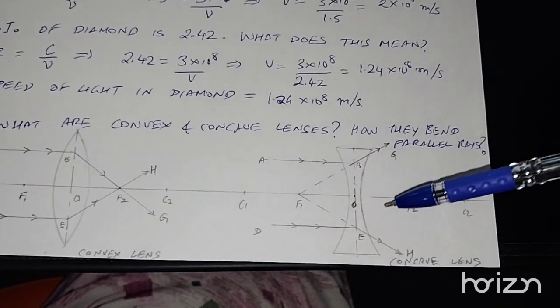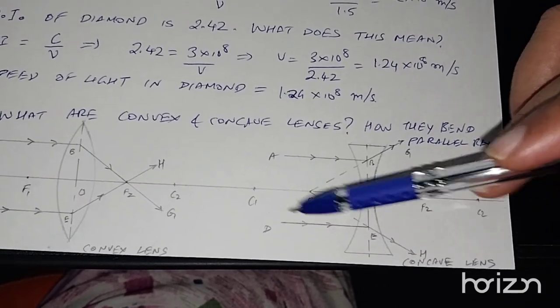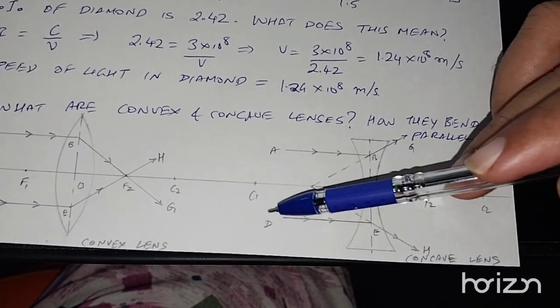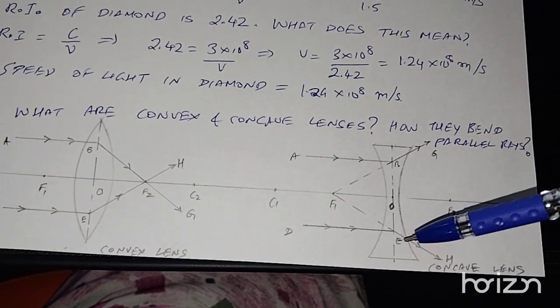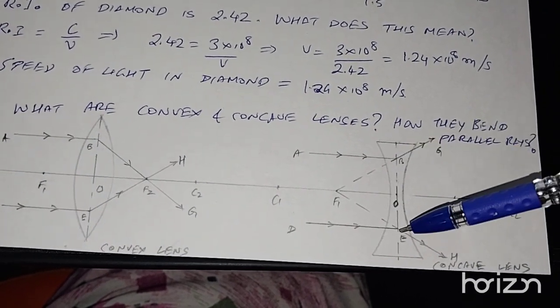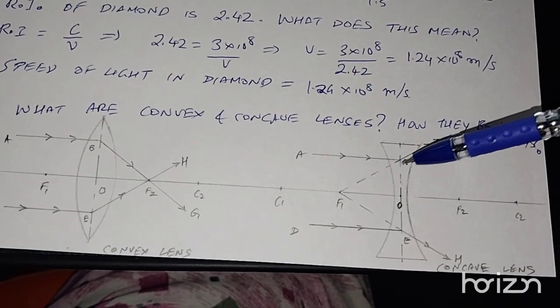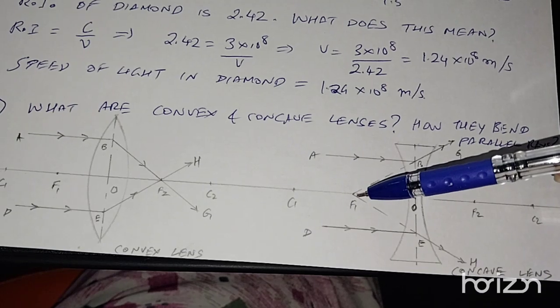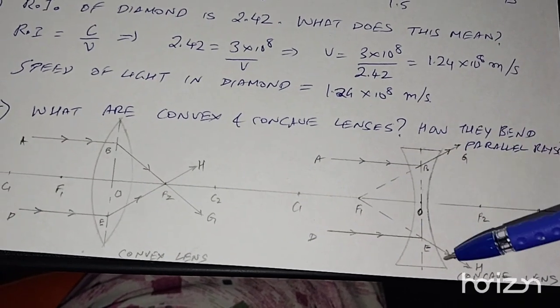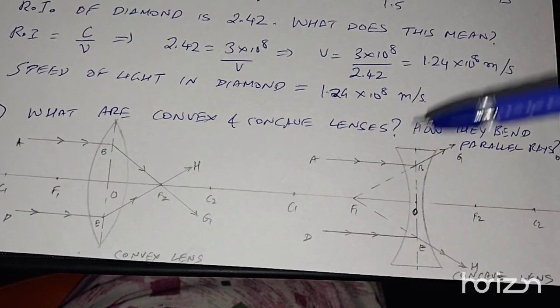The concave lens, on the other hand, is a diverging lens. What does that mean? If you shoot parallel rays at a concave lens, this is a concave lens, it will bend them such that the parallel rays seem to diverge from the focus point. They appear as though they are diverging from the focal point F1.